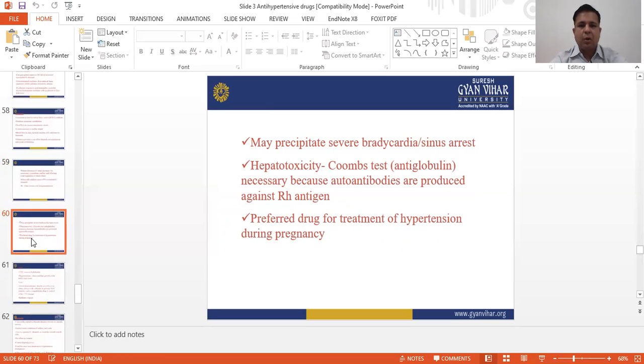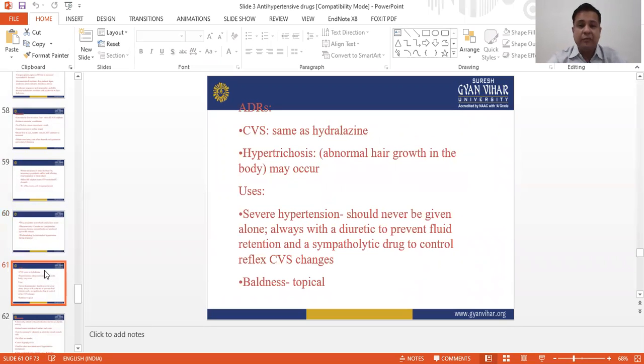Hepatotoxicity. Coombs test, that is antiglobulin test, is necessary because autoantibodies are produced against Rh antigen. Preferred drug for treatment of hypertension during pregnancy. Adverse drug reactions on cardiovascular system same as hydralazine.